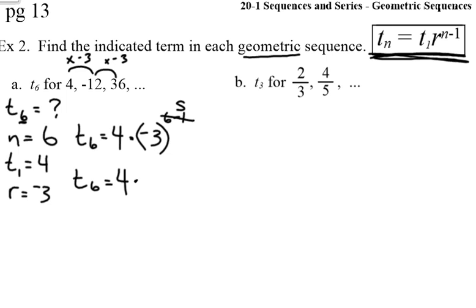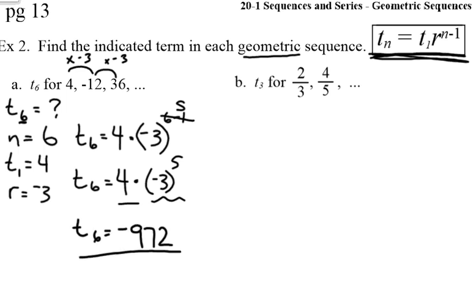So it's 4 times negative 3 to the 5. Order of ops tells me to do the exponent first. So negative 3 to the 5, and then multiply by 4. And our 6th term is negative 972 in this list.